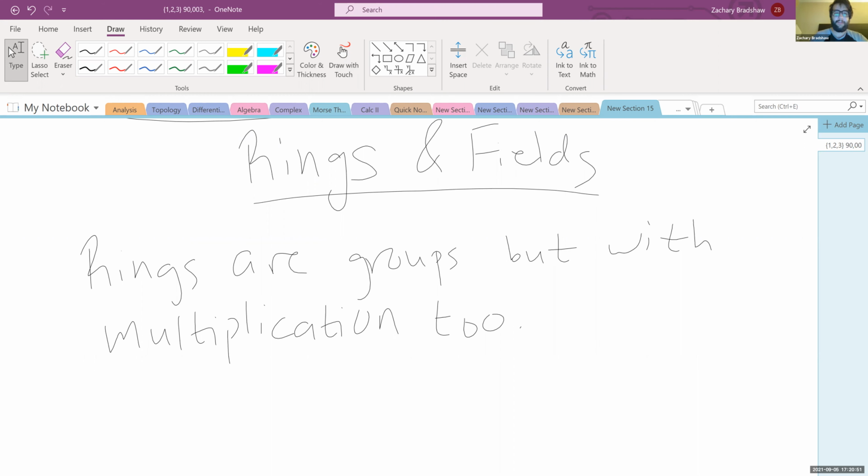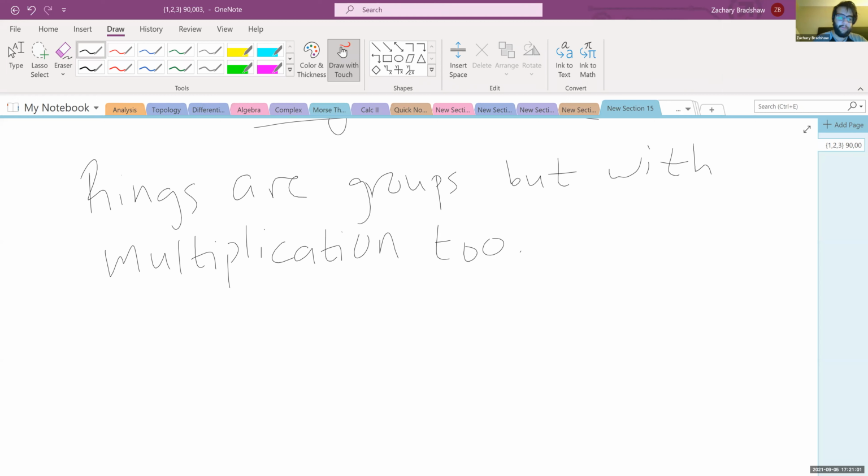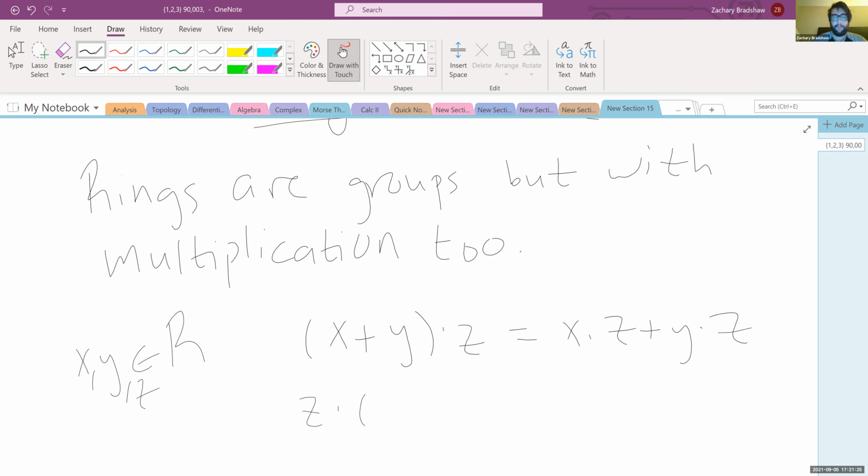So maybe I'll say, if I have a ring R and I have 2 elements of the ring, then I need x plus y times, oh, I need another one. Let's say z. (x plus y) times z to be the same as x times z plus y times z, right? And I need to be able to go the other way as well.